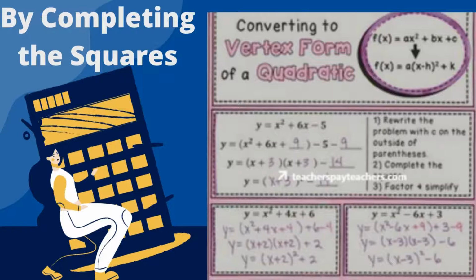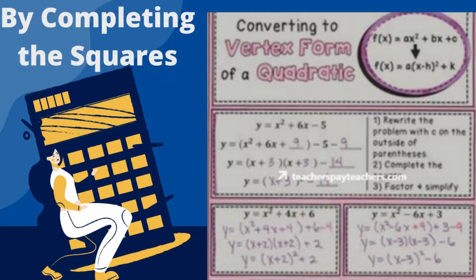And then, getting now the perfect square trinomial, you will have x minus 3 times x minus 3, or simply the squared binomial, quantity x minus 3 squared, minus, of course, positive 3 minus 9 equals negative 6.